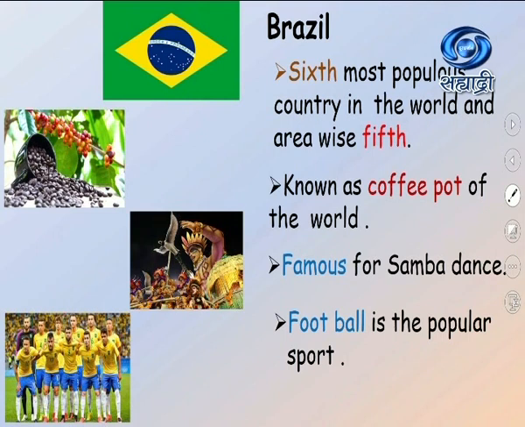It is also famous for its coffee, so it is also known as the coffee pot of the world. This country is also famous for its samba dance. You must have seen the pictures in the carnivals which take place every year. This country is also known for its football. So these are the special identities of Brazil.